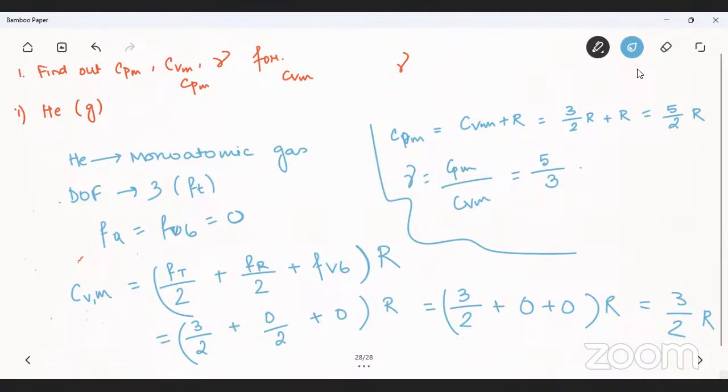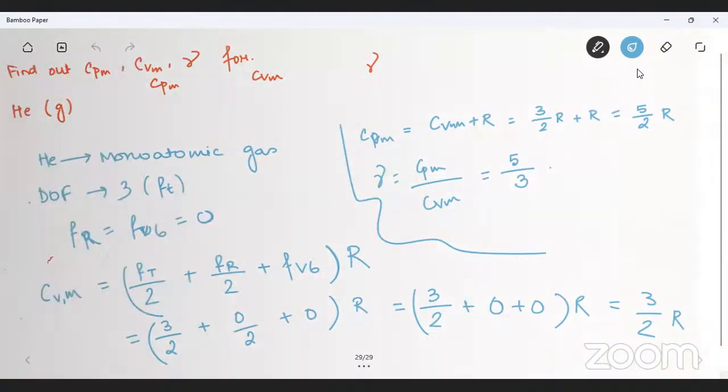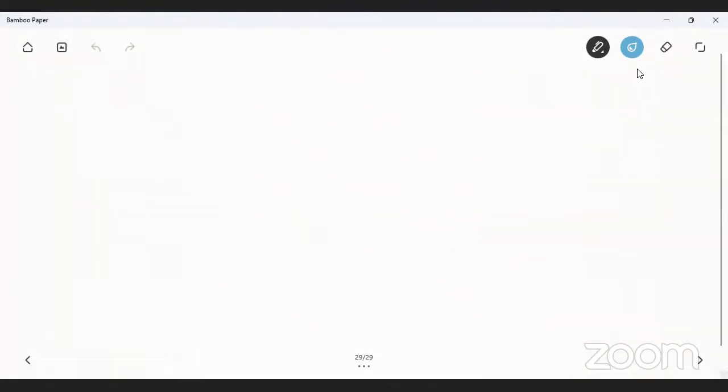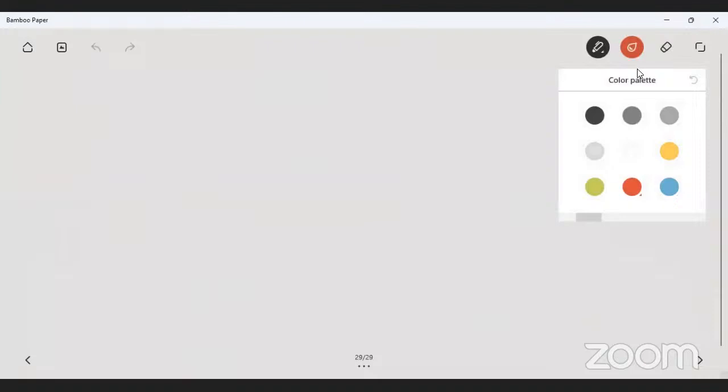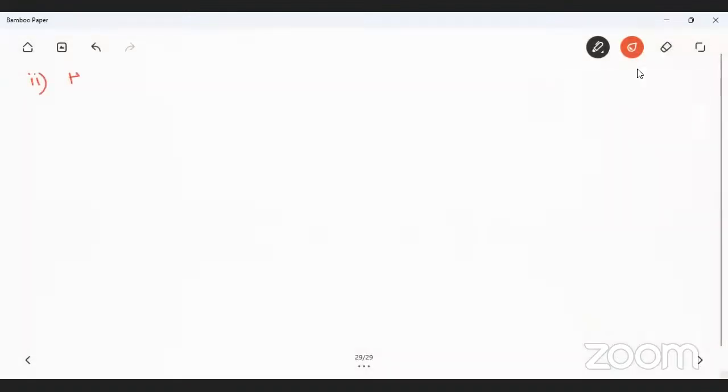Is this part clear, how to calculate this CVM, CPM and everything? Everyone, is this part clear? Yes, ma'am. Now calculate for hydrogen, CPM, CVM and everything. That is the reason I have taught you the degrees of freedom first. Hydrogen. I will not say you anything. You know the basic formulas.